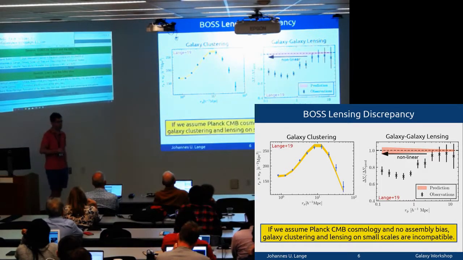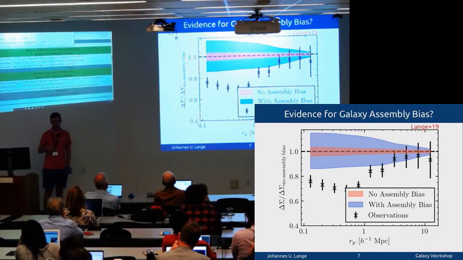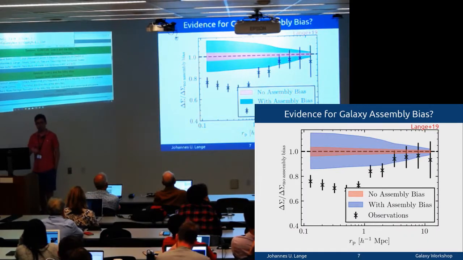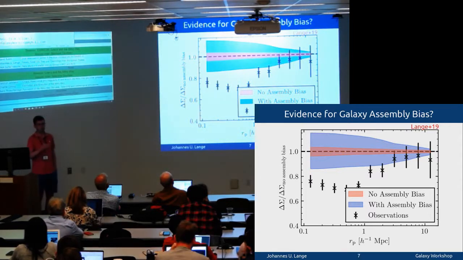For example, in our paper, we address whether galaxy assembly bias could potentially explain this discrepancy. That's what you can see here. So we now fit an HOD model to the clustering of galaxies, but we now allow for galaxy assembly bias. In other words, we just allow for the formation history of a dark matter halo to inform its galaxy content. If we allow that, then immediately the possible range of lensing amplitudes gets larger by around a factor of 3.